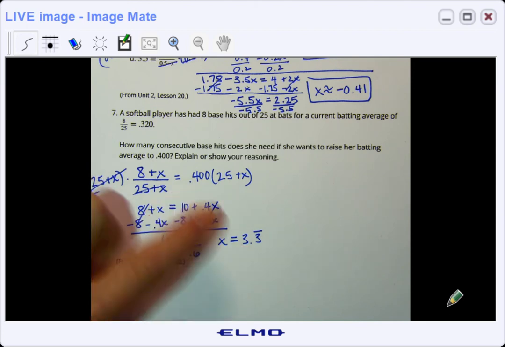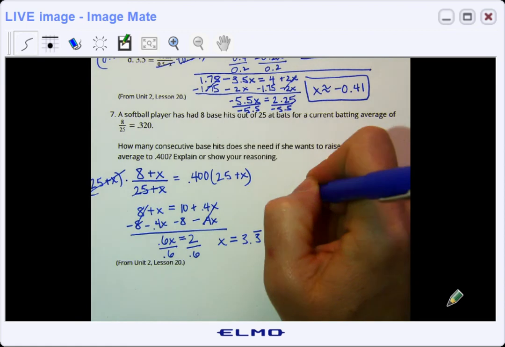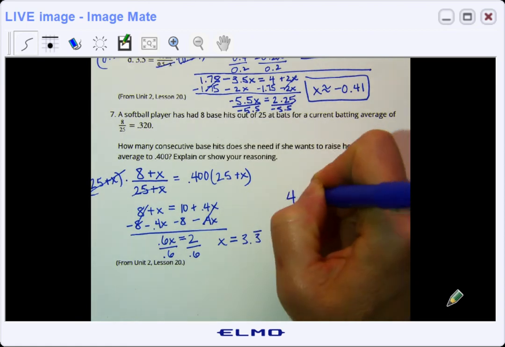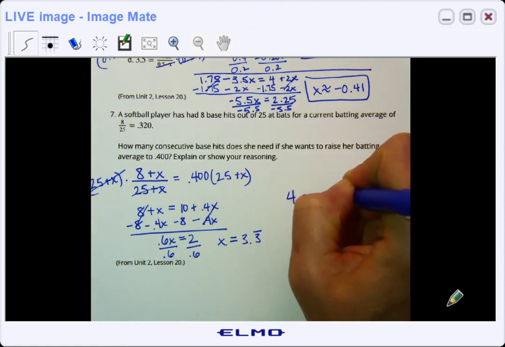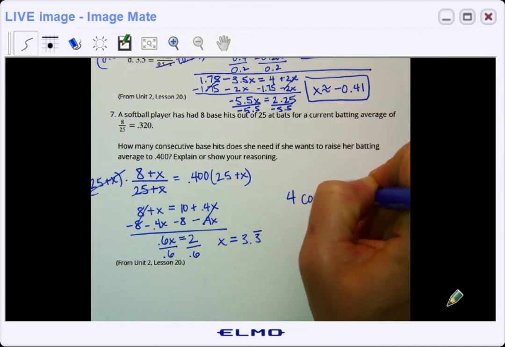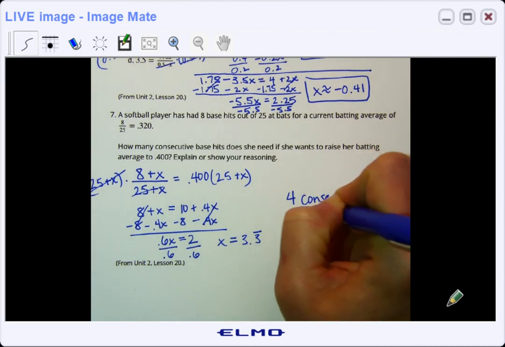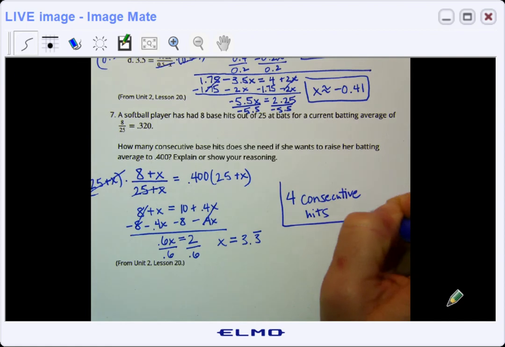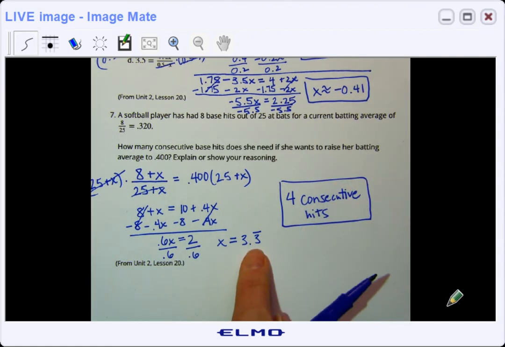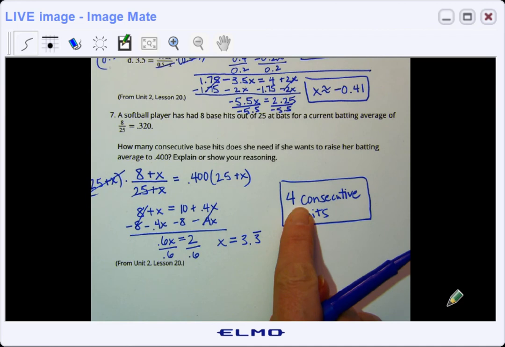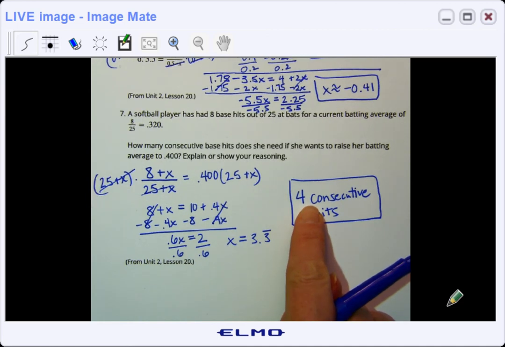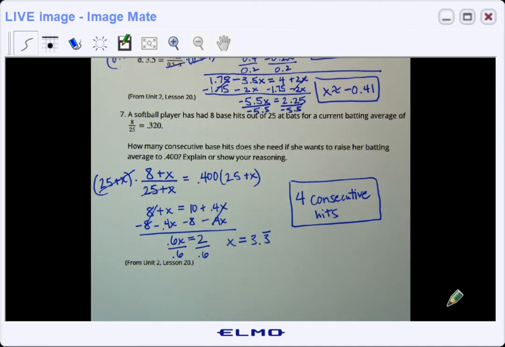And so I would say altogether, she needs 4 consecutive hits. So even though the rules of rounding would say round that to 3 if you're going to round to a whole number, 3 isn't enough. So this is a time where you would actually bump it up to the next number, which would be 4. And then she would have actually a batting average over 400, but 3 isn't quite enough.